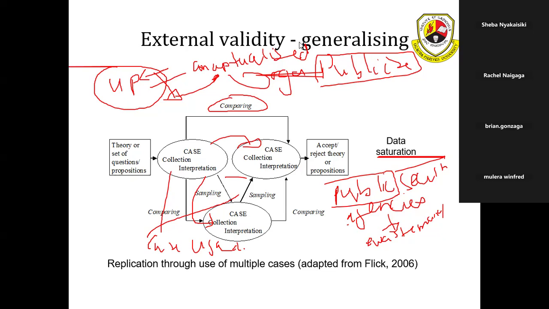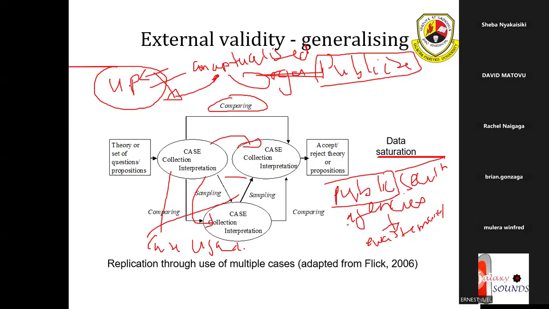Let me first stop sharing. I come to this one. Let's go back to the whiteboard. We are wondering, how will Winnie generalize her findings? She's going to do her research with Uganda Police.